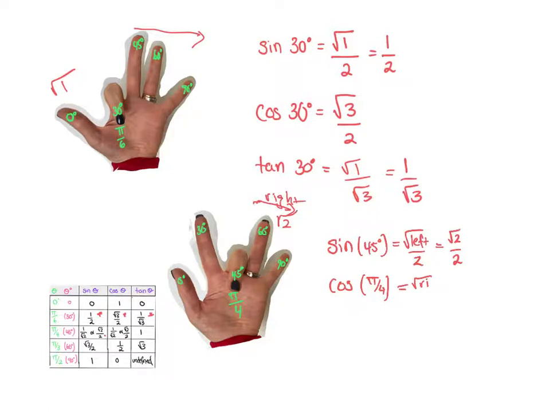So square root of the right over 2, which is square root 2 over 2, which we can see down there because remember they're the same. And then tan of pi on 4, or 45, is the square root of the left over the square root of the right, which is square root 2 over square root 2, equals 1, which is what it shows down there.